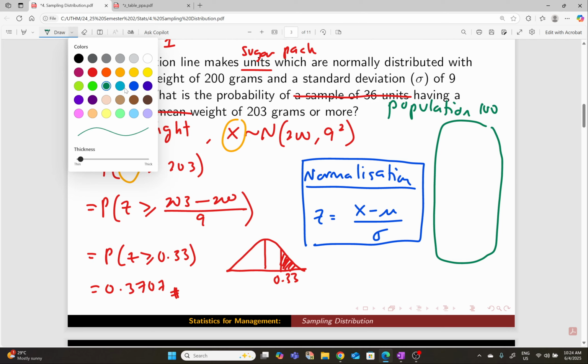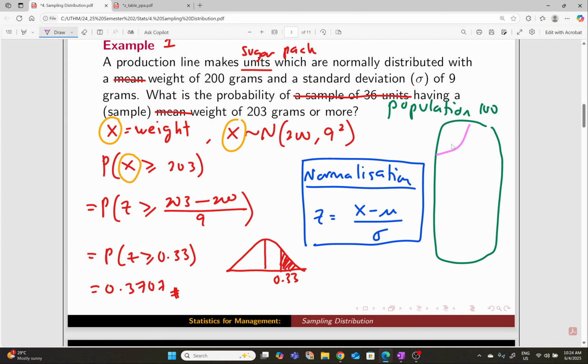This time I want to pick any 36. From out of the 100, I just want to pick 36 packs only. Any 36, they can overlap here, any 36.